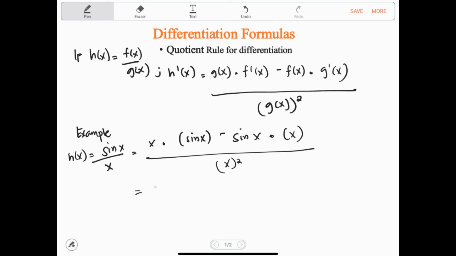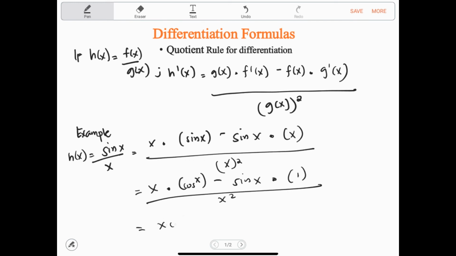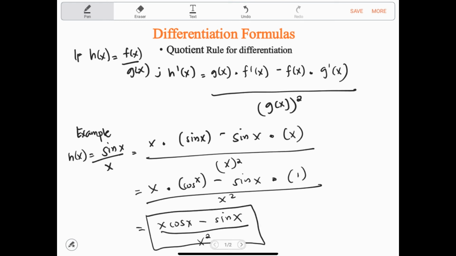So x times the derivative of sine x is cosine x, minus sine x times the derivative of x, which is 1, all over x squared. So it's going to be x cosine x minus sine x times 1, which is sine x, all over x squared. That's it.